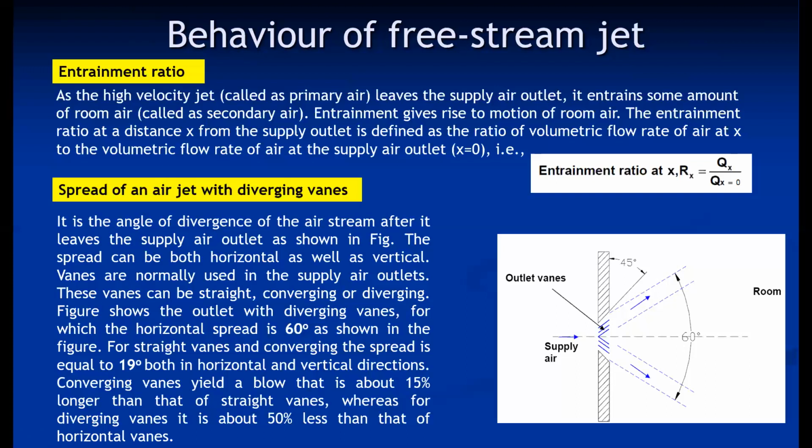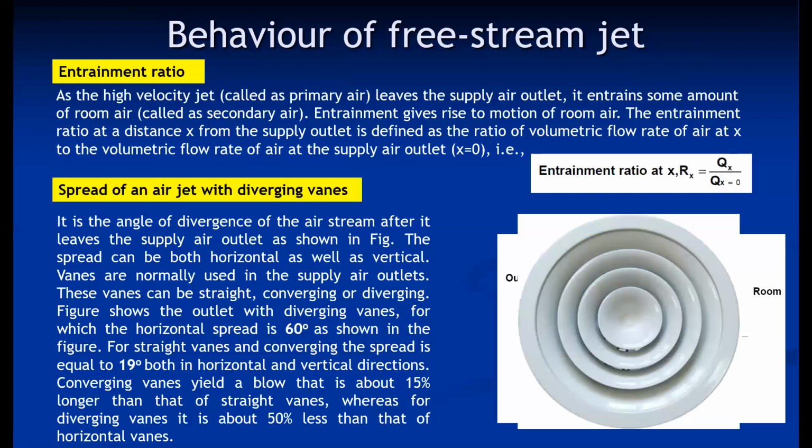So obviously, converging vanes have greater blow or throw than diverging vanes, and in between there is the straight vane. For diverging vanes the throw is 50% less than the straight vanes, and for converging vanes it is 15 to 20% more than the straight vanes. So this is about the spread, the fourth important parameter of the free jet coming out from the supply outlet.